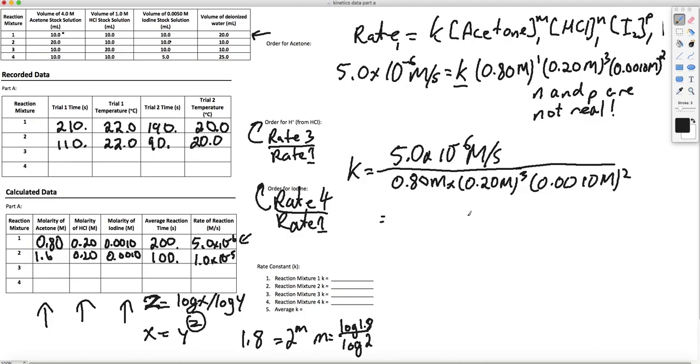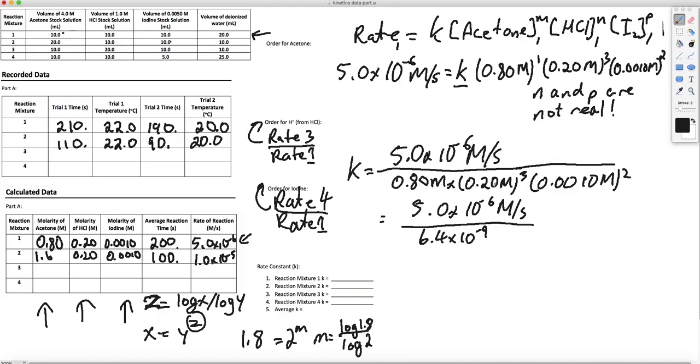Now if I do the math on that, here's what I end up with. 5.0 times 10 to the negative 6 molar per second over, and it looks like 6.4 times 10 to the negative 9. So that's the numerical value once I put all that into my calculator.